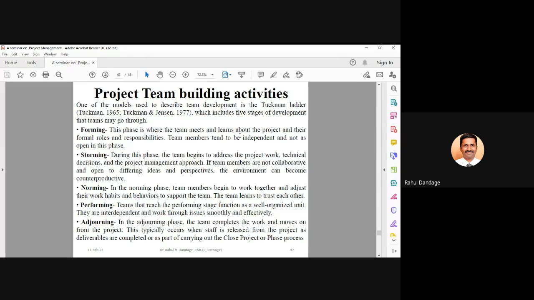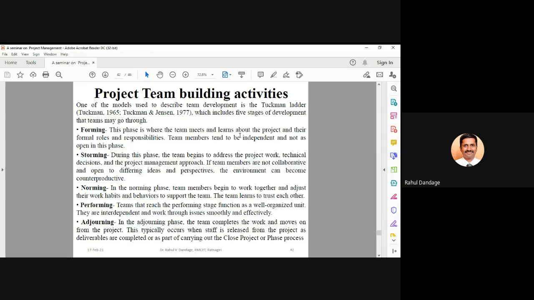Forming is the phase where the team meets and learns about the project and their formal roles and responsibilities. Team members tend to be independent and not as open in this particular phase. This is the basic, initial phase. You are just forming the team.